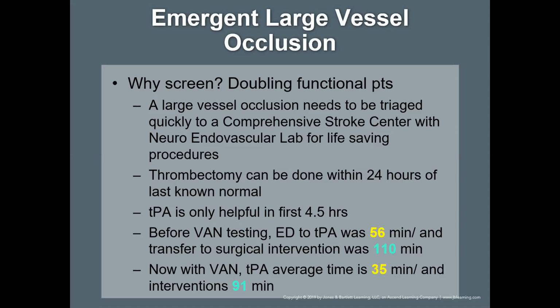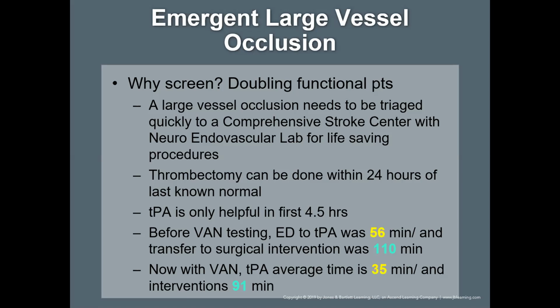In one of the studies that this doctor did, I think it was in Phoenix, Arizona, before the VAN education went on, their ED door to TPA was about 56 minutes, and transfer to surgical interventions was about 110 minutes when they walked in.